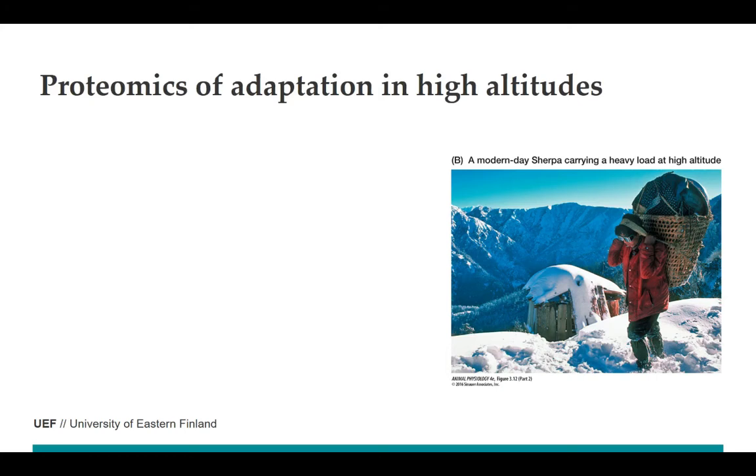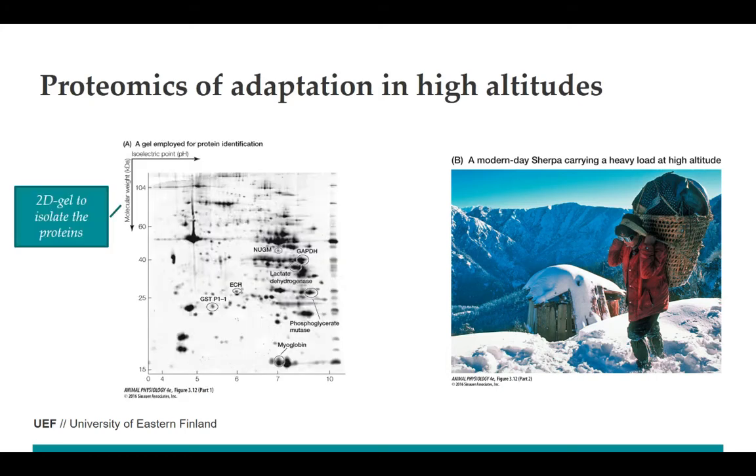And when you are isolating these different proteins, you get a very messy picture. This is a two-dimensional gel where on the top there are the proteins that are heavy, a lot of amino acids. Then in the bottom there are those proteins that are light, the shorter ones.